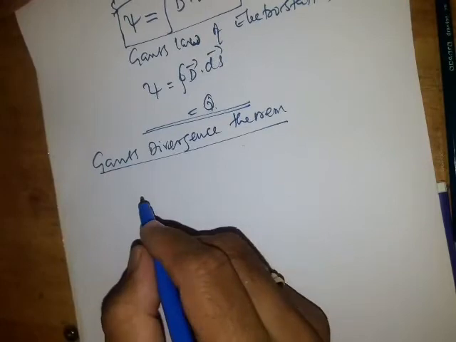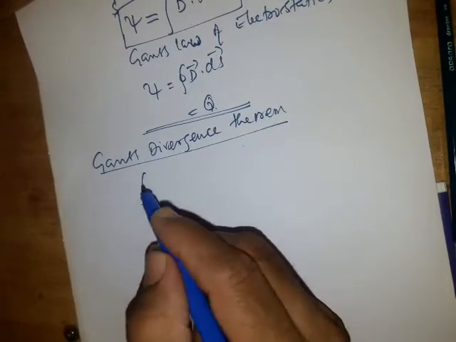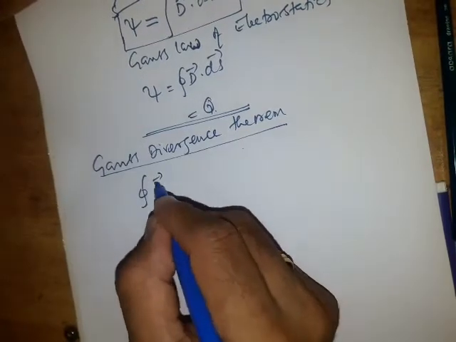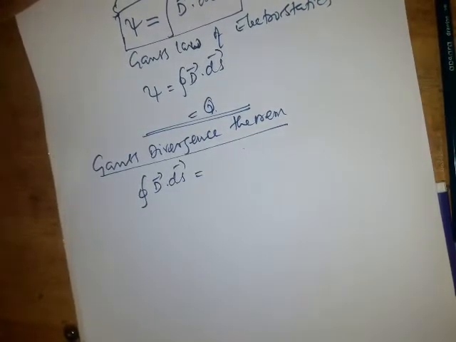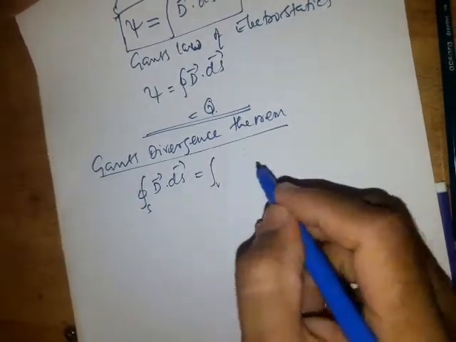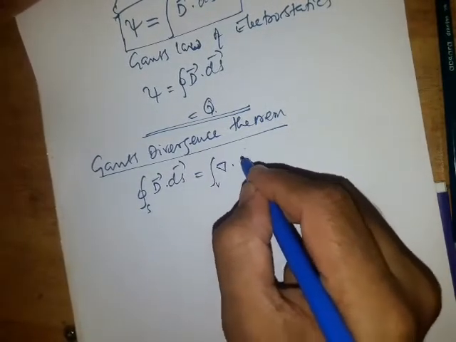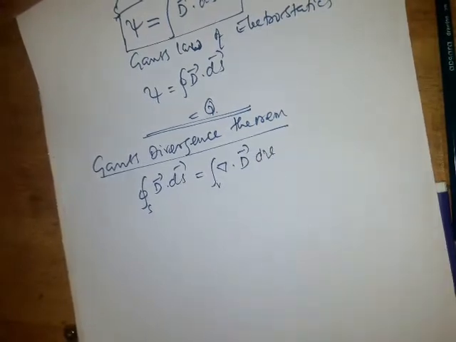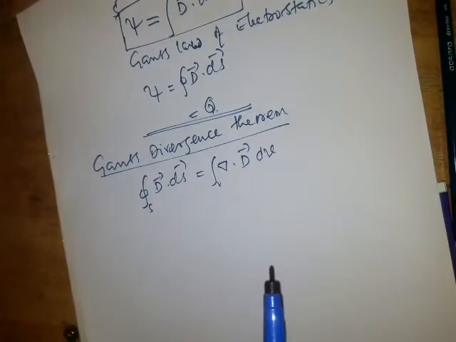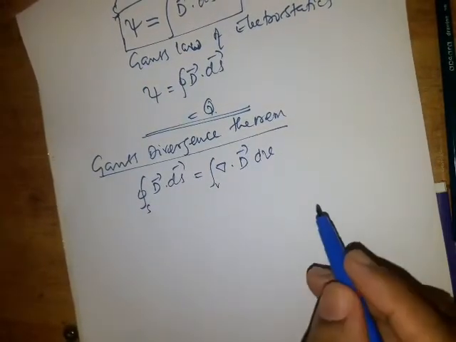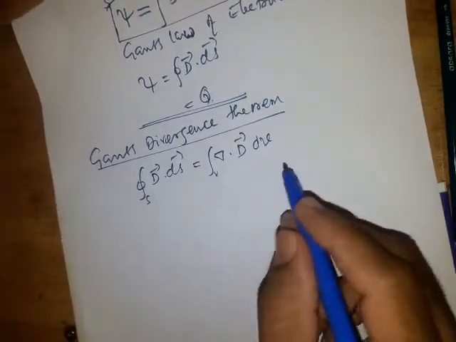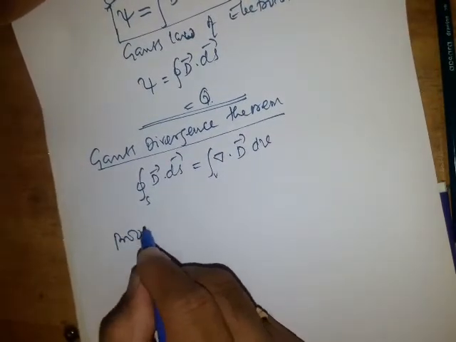That is, the surface integral of the flux density is equal to the volume integral of the divergence of the flux density. So this is known as Gauss divergence theorem. We can prove this. Let us give a proof.